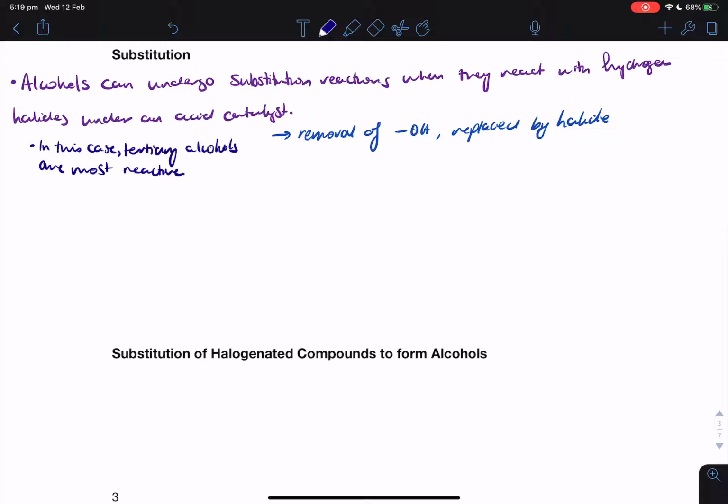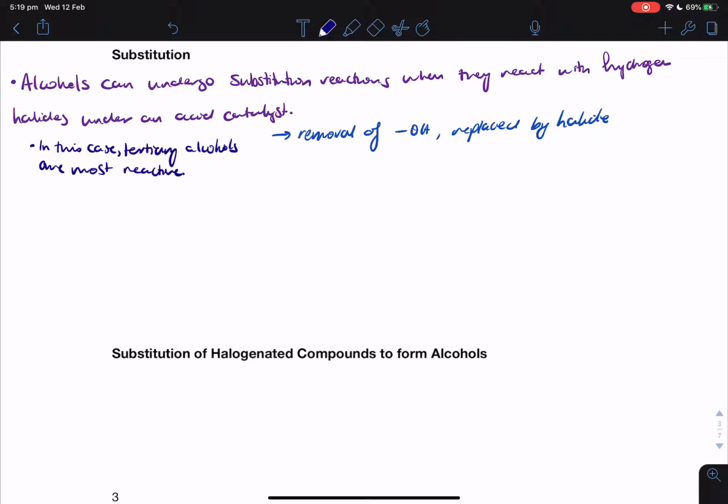So let's actually go through what happens here. With a tertiary alcohol, it's going to react very fast. But if we're talking about a secondary alcohol, it will actually take about 2 to 5 minutes. It's going to have the same product, which is a precipitate haloalkane in water, but it's going to take a little bit longer.